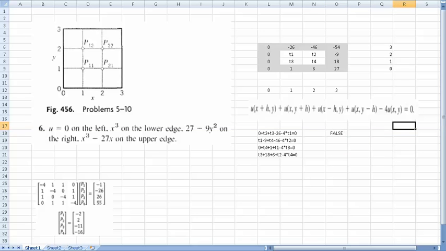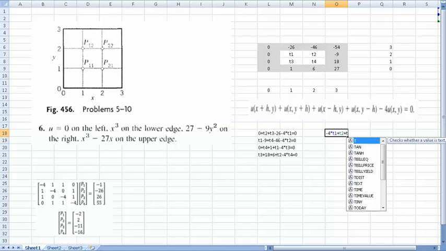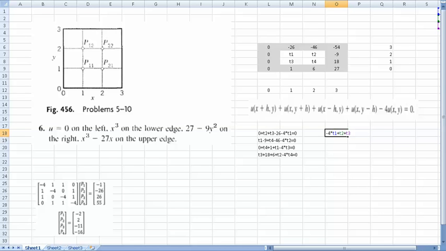Oops, I don't want that equal sign there. I just want that to be, okay, because I started typing this as an equation, it got confused. So minus 4 times T1 plus T2 plus T3 equals a positive 26. That's that equation.